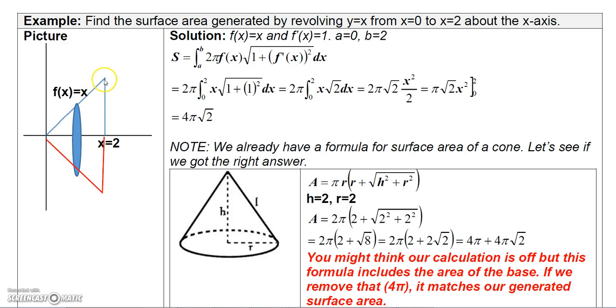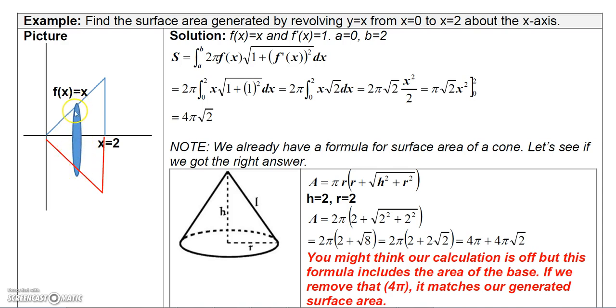Now if I revolve this around the x-axis, let's look at a cross-sectional view, like if we sliced it in half. This doesn't line up perfectly, but hopefully you can see the cross-sectional view would look like a triangle. When we revolve it around the x-axis, we're going to get basically a circle here.